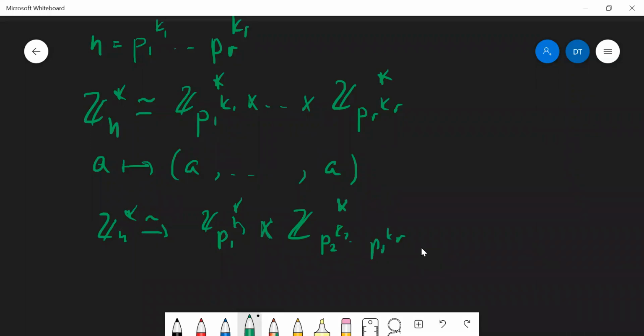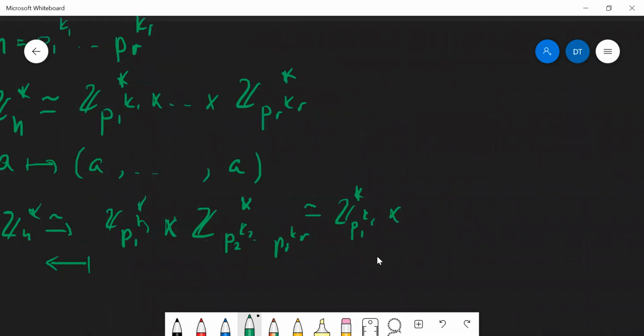So you make one step, and for this one step, you know the way to produce the inverse map. Then you make the second step, Zp1^k1 star times, and you split the second factor, which is Zp2^k2 times Z of all the other primes here.